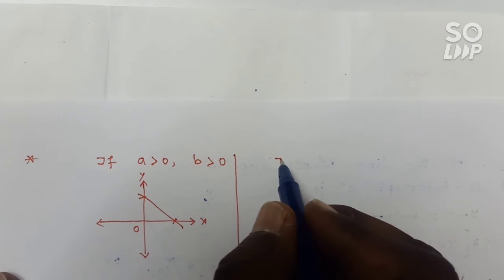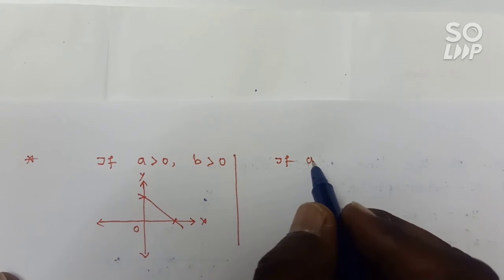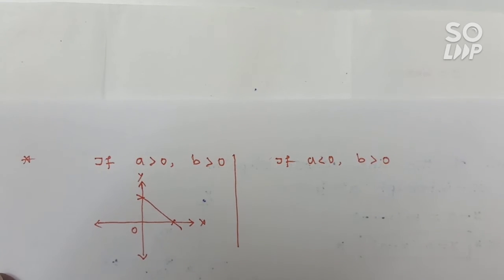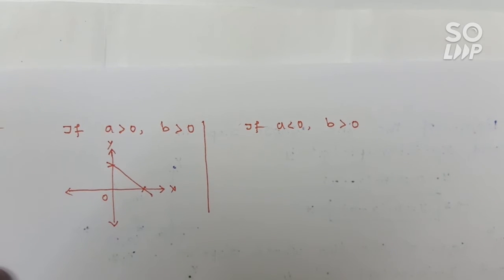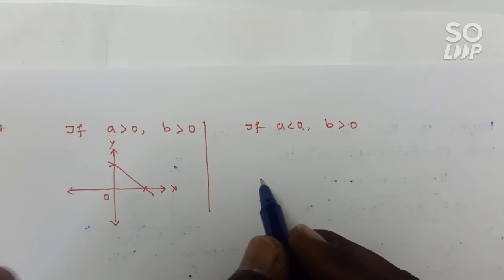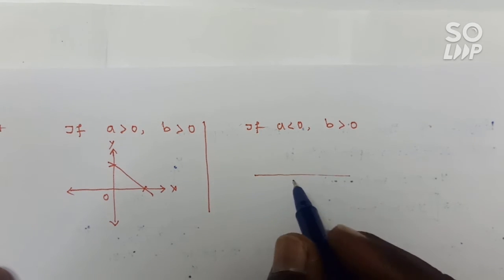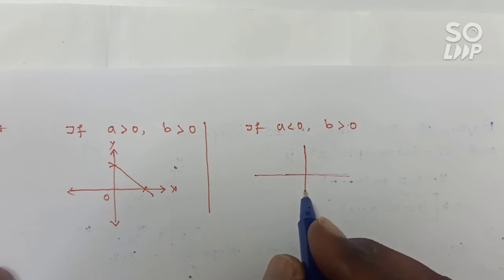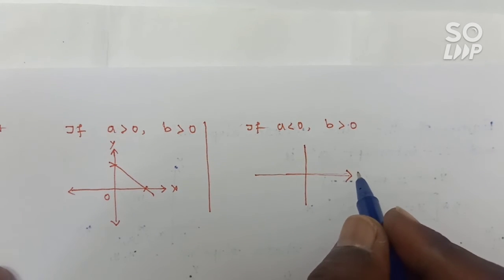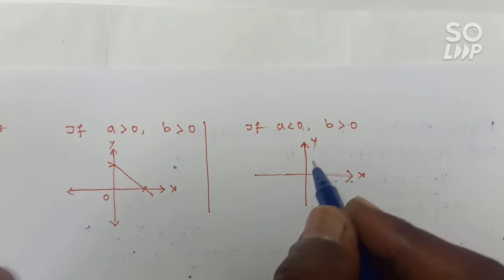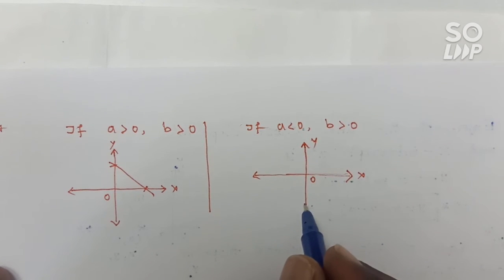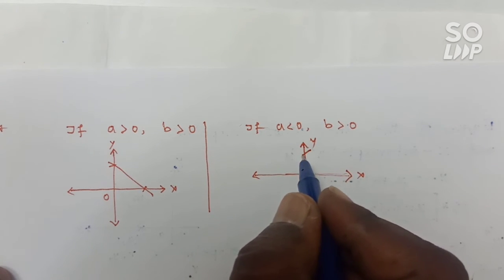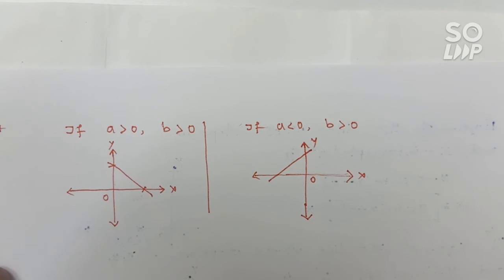Suppose a is negative and b is positive, so the x-intercept is negative and the y-intercept is positive. Then the diagram will always be like this. This is the x-axis, this is the y-axis.